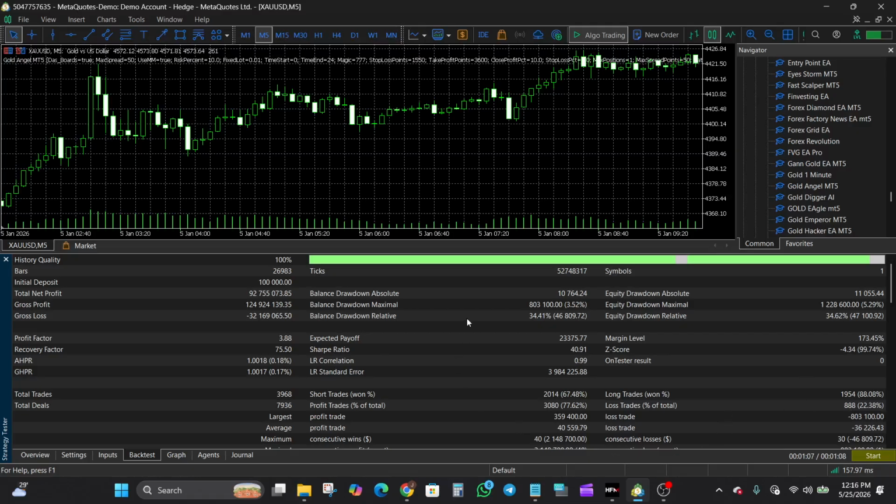Okay, so overall, the GoldAngel EA presents itself as a structured gold trading system with a focus on automation and risk control. But like always, it is best to test and optimize the expert advisor properly before considering any live deployment.